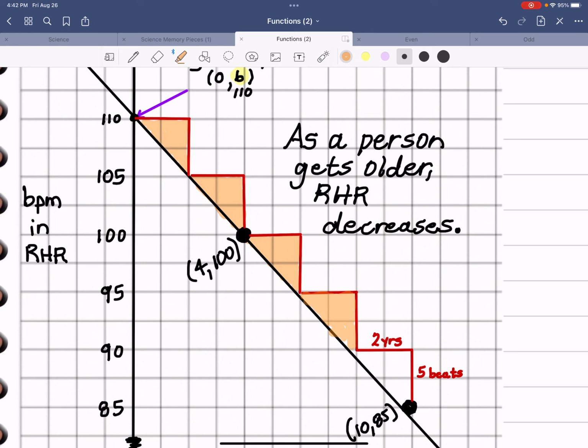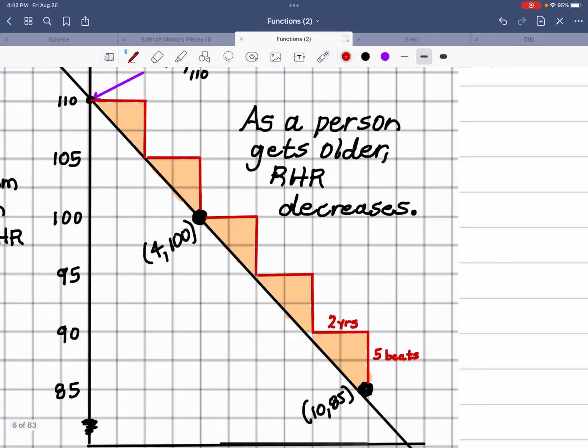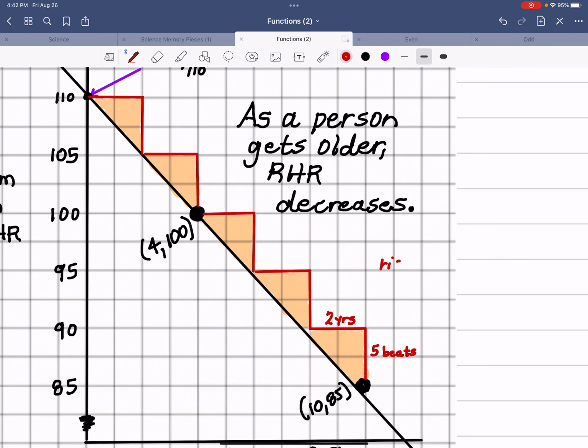And I want to call your attention to the fact that this is a function. That's the definition of a function. That it is changing at a predictable, consistent rate. So would you agree that in this form, we drop 5 beats every 2 years of life?